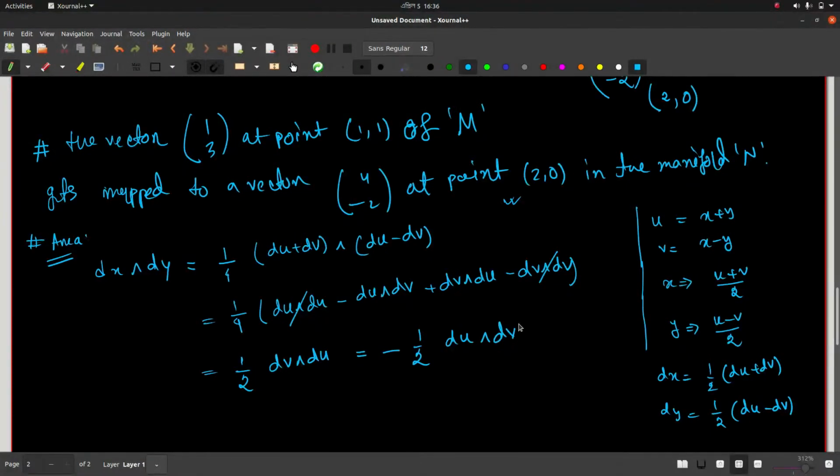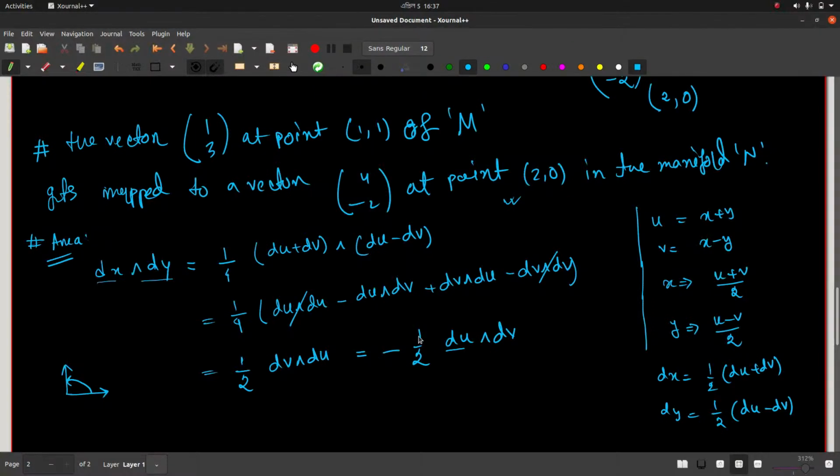So this is one way, an elementary way, to see how your area form changes. And note that this minus sign is actually telling you the orientation of the area, because if you consider this product to be a positive thing, that means this kind of orientation where you go from x to y in a counterclockwise direction is positive, then when you go from du to dv in the counterclockwise direction, that will give you a negative sign.